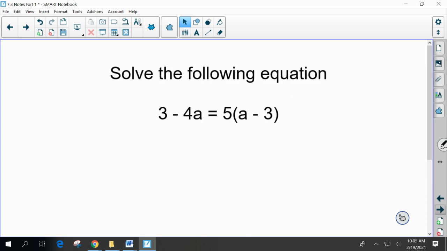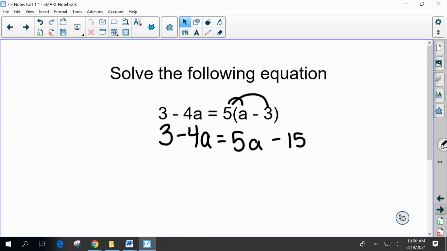Okay, so the next one, I have to do distributive property again. On the left-hand side, I'm not going to do anything with it in the first step, so I'm going to rewrite it. And on the right-hand side, I have to distribute, so 5 times a. 5a, and then 5 times -3, -15.